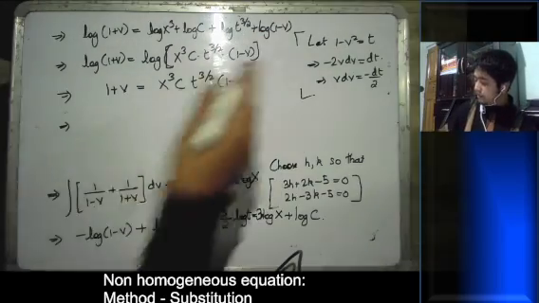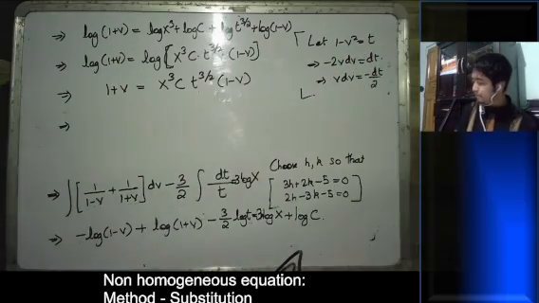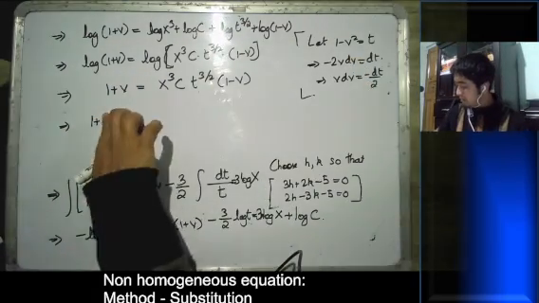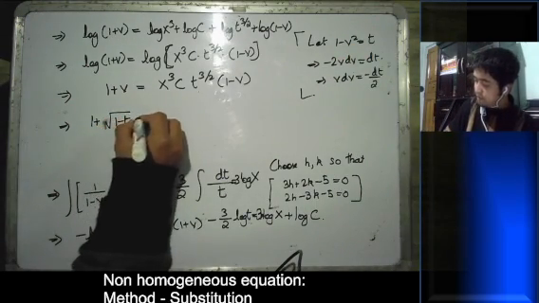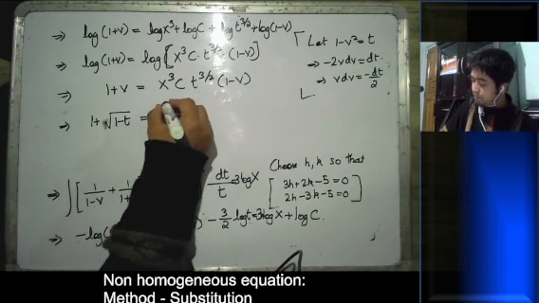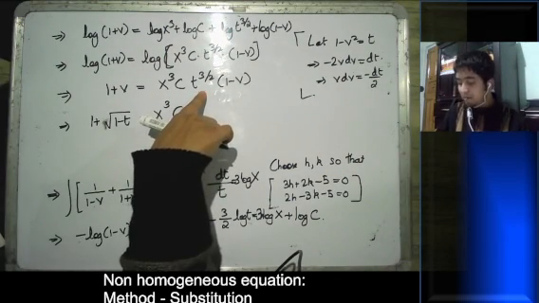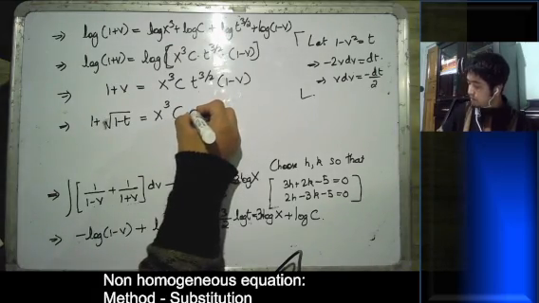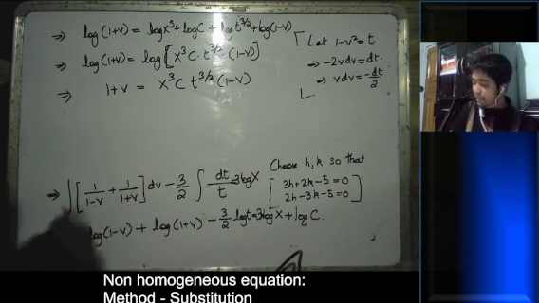So it will become 1 plus v, and v will become root over 1 minus t, x cube c, and t is 1 minus... sorry, because we need to convert everything back into y and x.